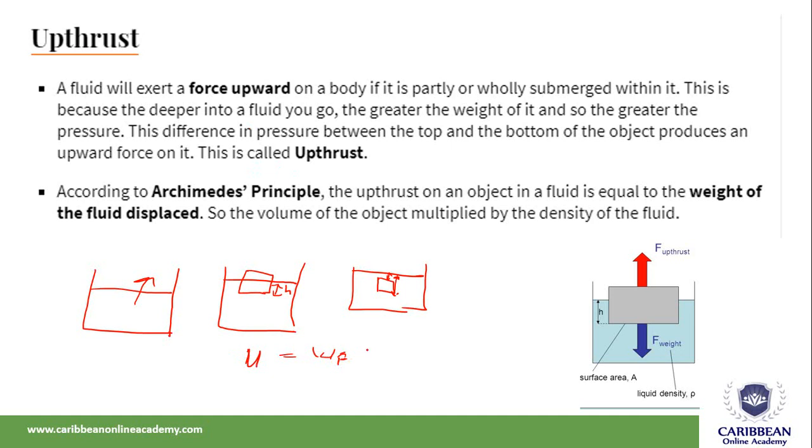Firstly, we can say weight is equal to mass times gravity. But as it relates to the fluid, because the fluid has a density, follow me? So let's look at this now. Recall that density is equal to mass divided by volume.